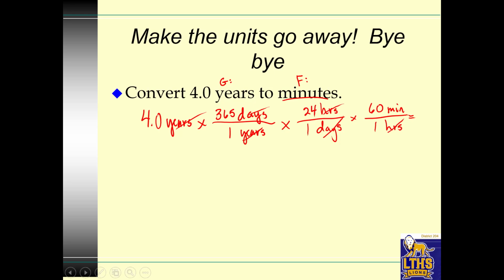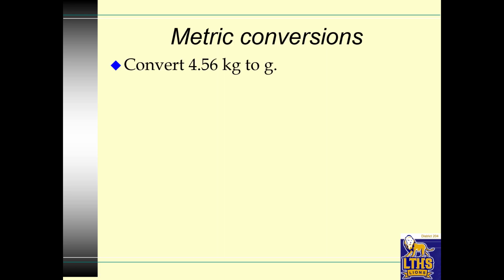It says 4 times 365 times 24 times 60 gives me 2,102,400 minutes. Now, if you went to school for those 4 years every day, that's how many minutes you'd be in school.